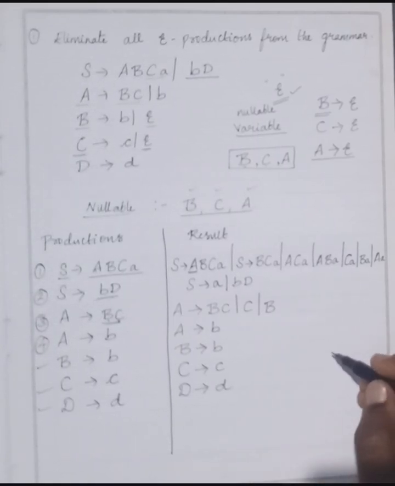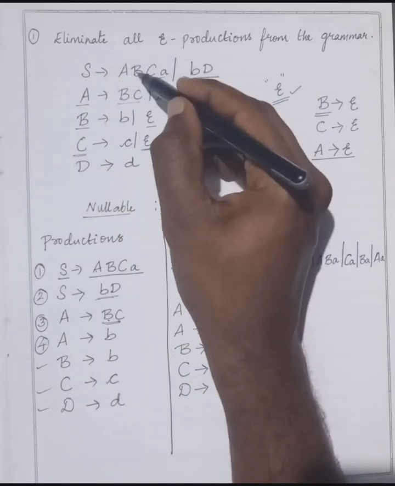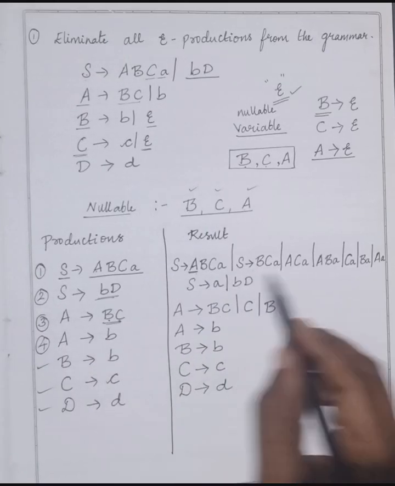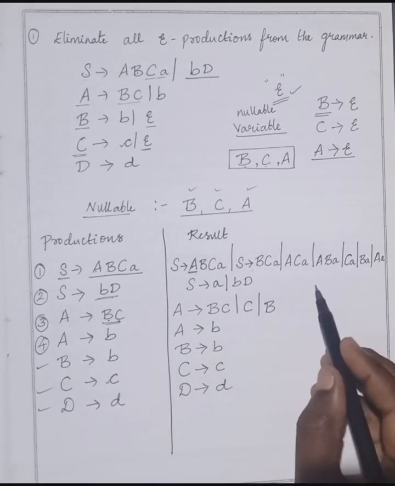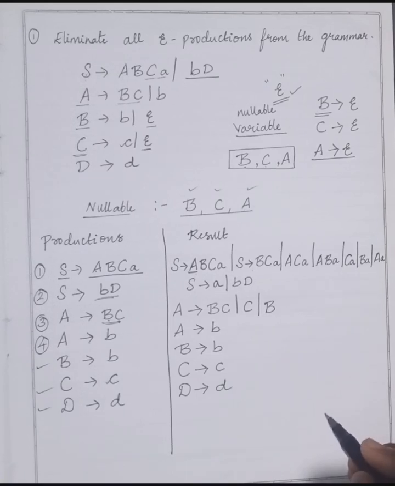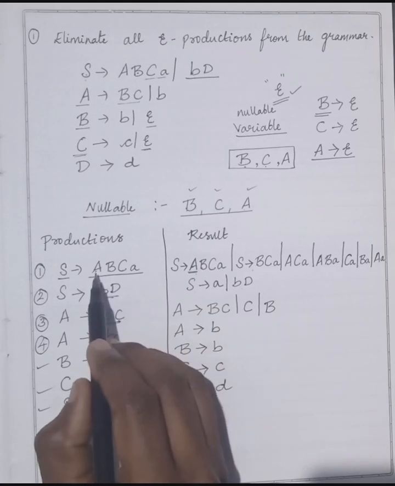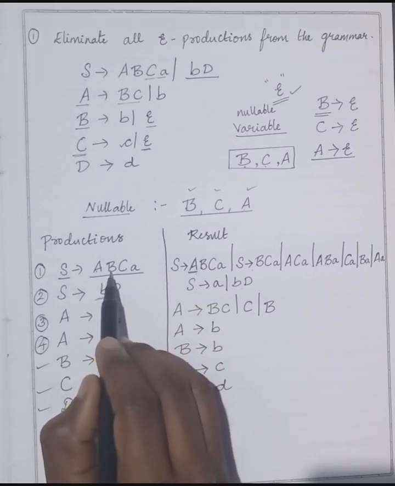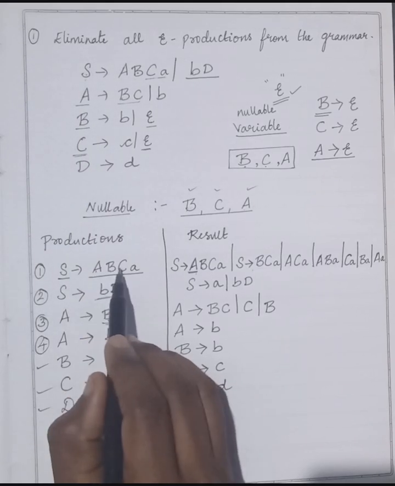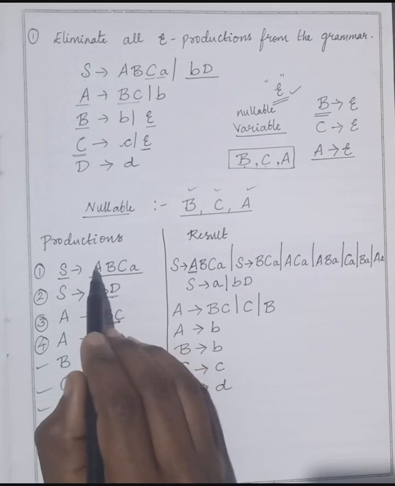The main logic we are applying here is, instead of saying S derives B and B goes to epsilon, we create all the combinations by substituting the epsilon. That is the important concept we are learning here. We assume first A as epsilon, then B, then C, and ABC together, again AB, BC, AC as epsilon.